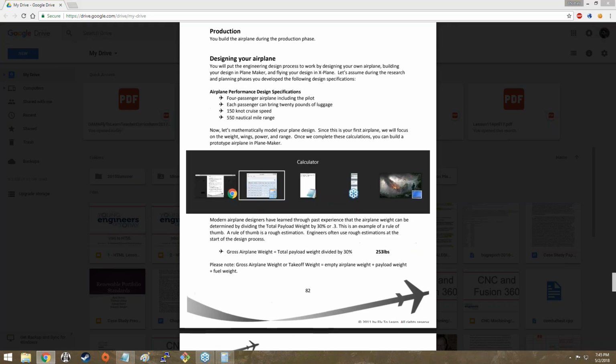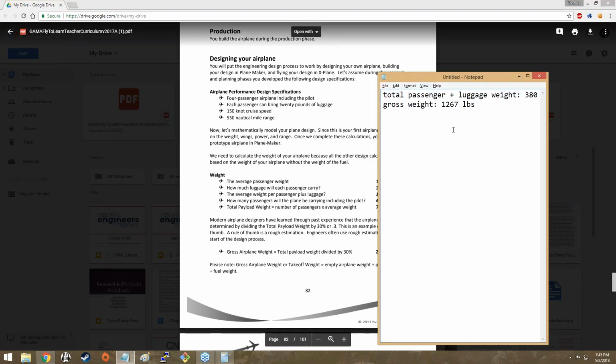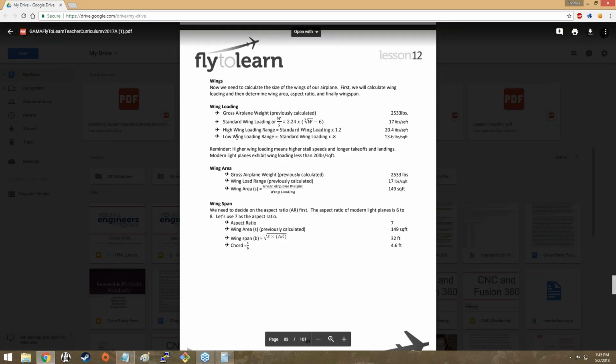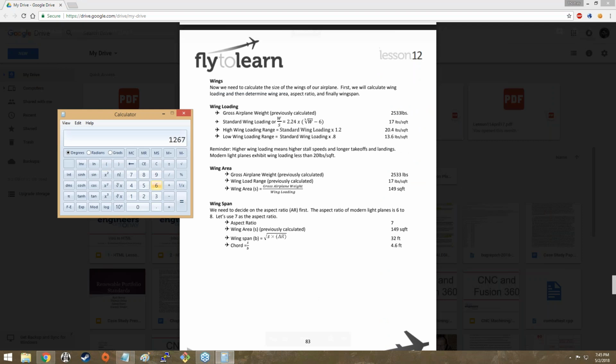All right, so we've got our gross weight of 1,267 pounds, right? Let's figure out the wing loading. So we've got 1,267, same difference, I rounded up.